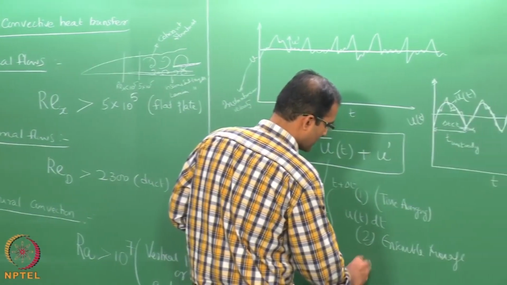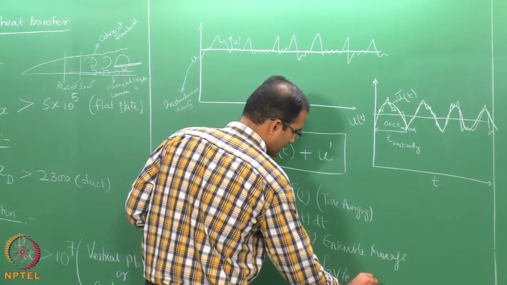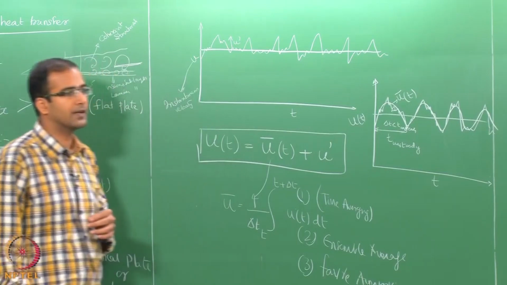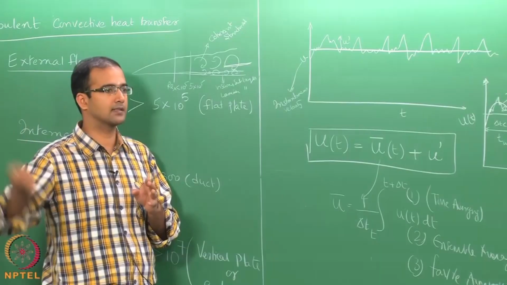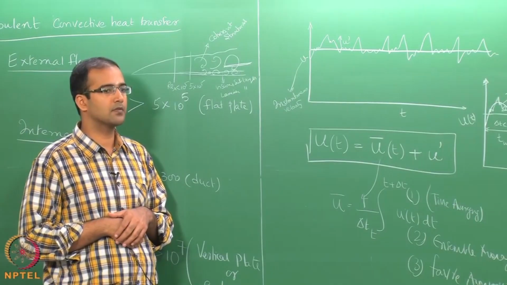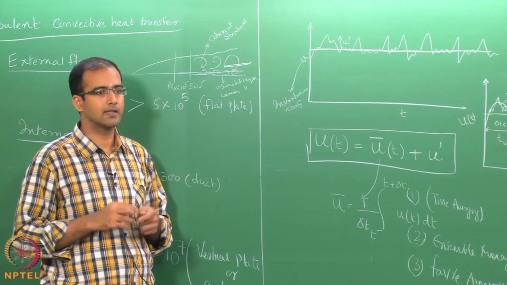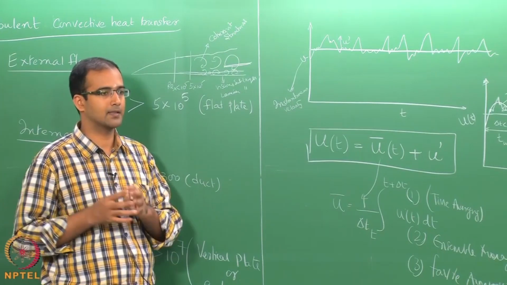For compressible flows, we do what is called Favre average. That means we also have to account for the variation of density with time, and also the fluctuation of density. Whereas in incompressible flow, we assume that density is constant; although there is turbulence, the turbulence is affecting only the velocity and temperature, not the density.